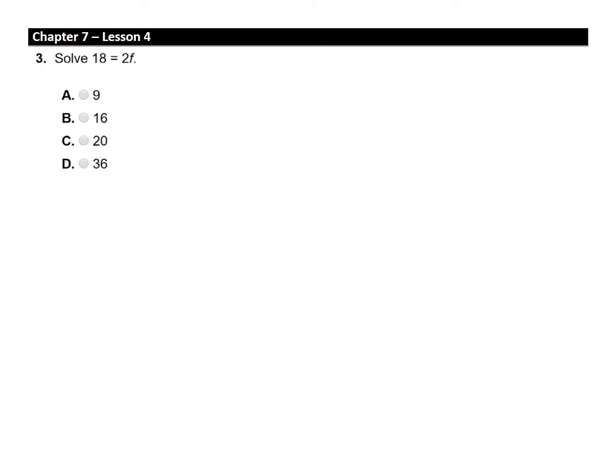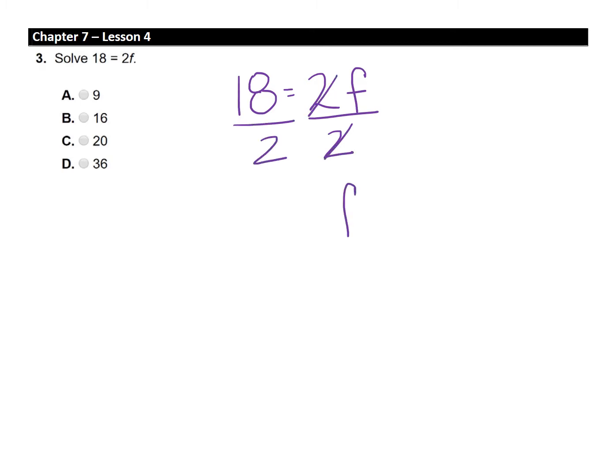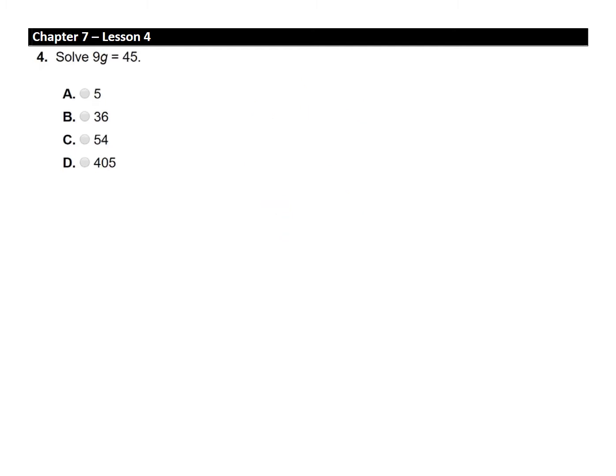Question number 3, 18 equals 2f. We're going to divide by 2, cancels each other out. f equals 9, which is answer choice A. Question number 4, 9g equals 45.